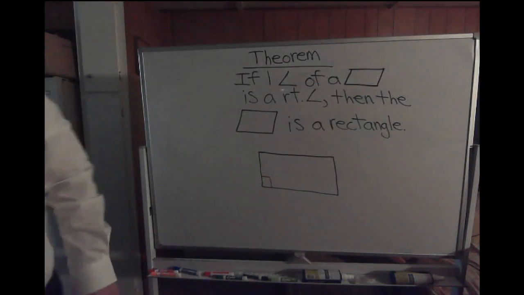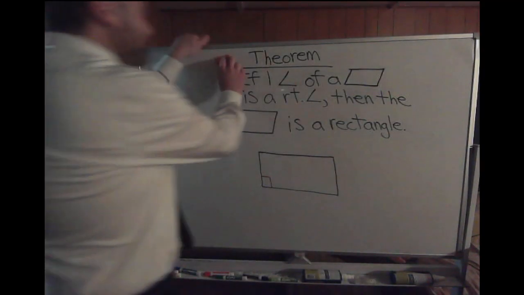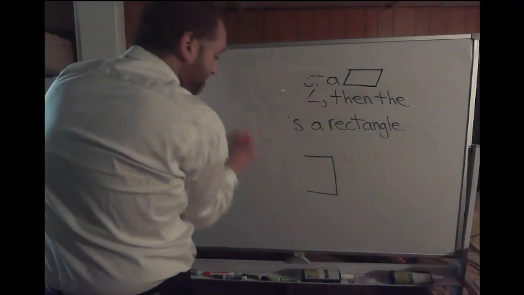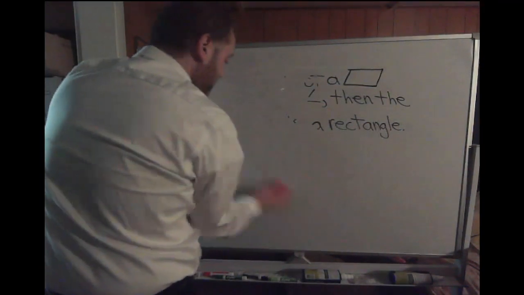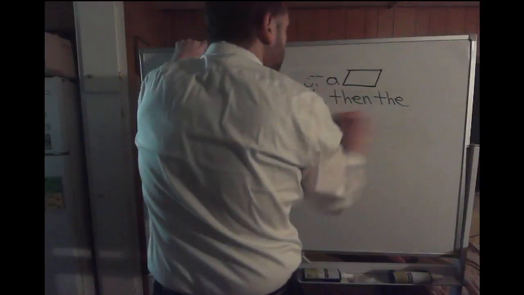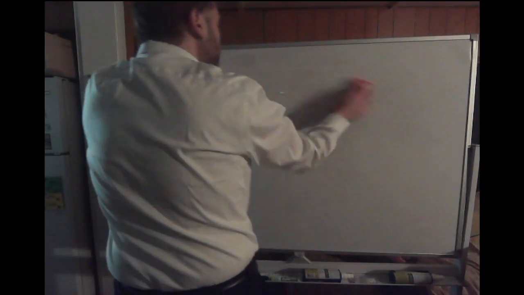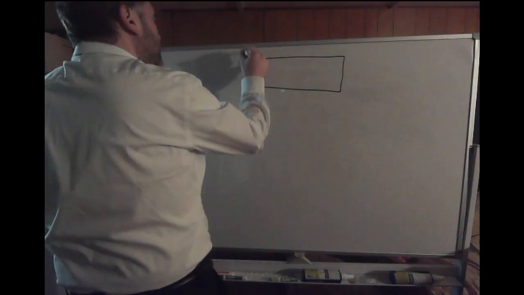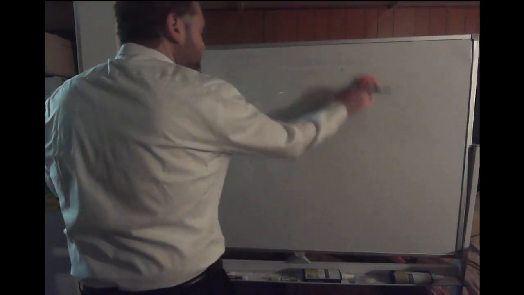Alright, now I have 3 exercises involving rectangles that we're going to go over to apply what we just learned. So, for the following 3, let me draw a nice rectangle. It'd help if I drew it a little bit bigger so you could see it.